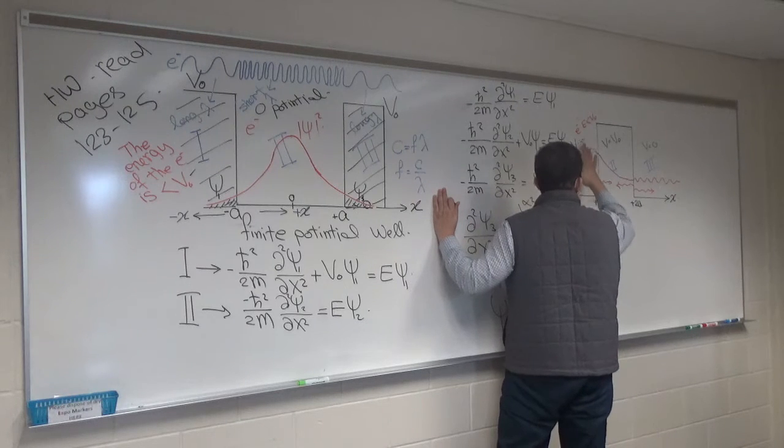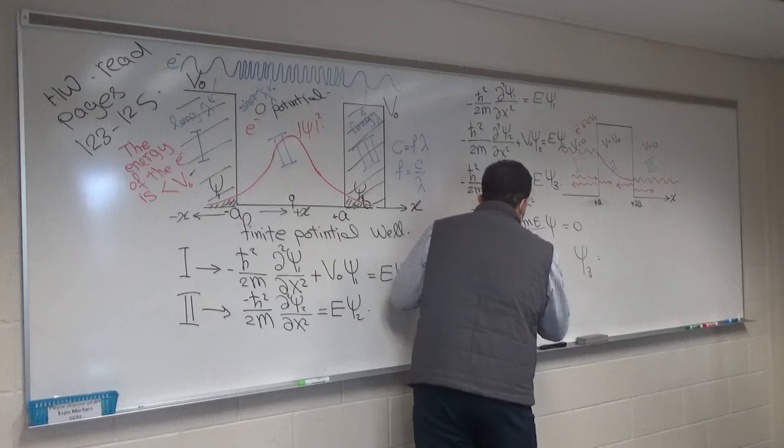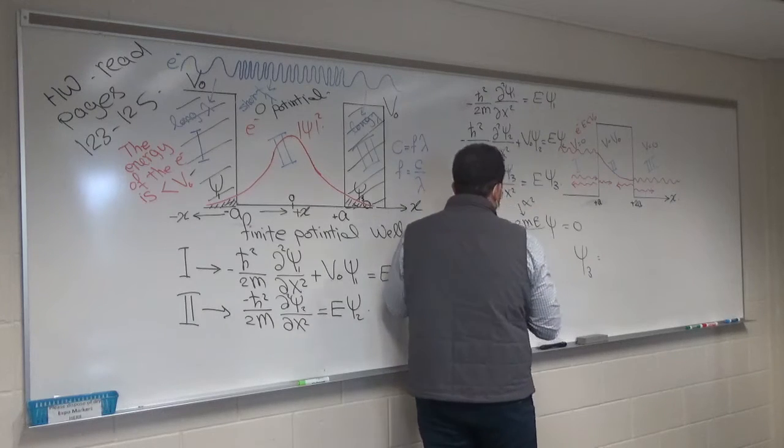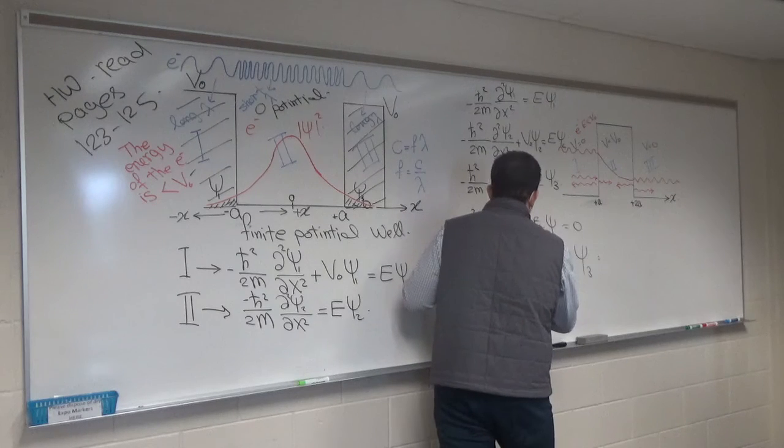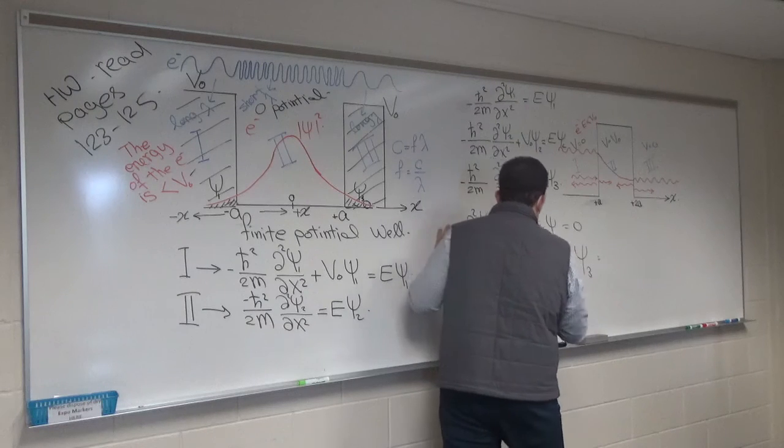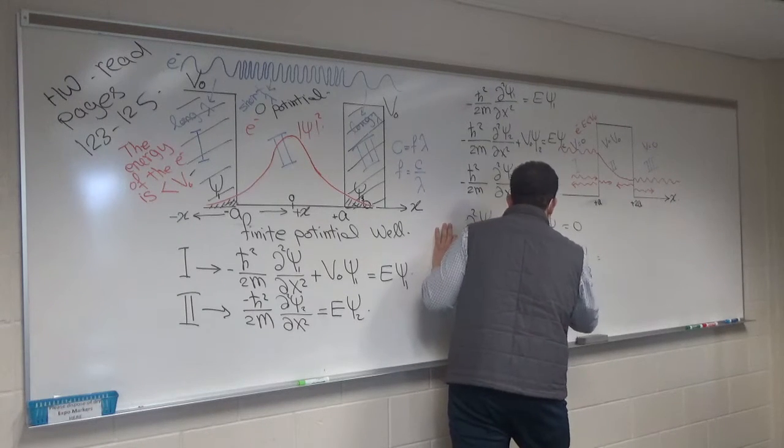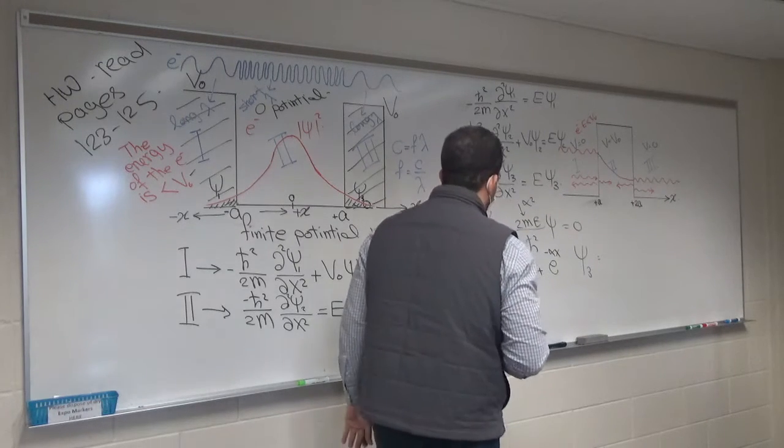We need to maintain that idea here. So that means we can have exponential, we have here positive, maybe alpha x, plus exponential minus alpha x.